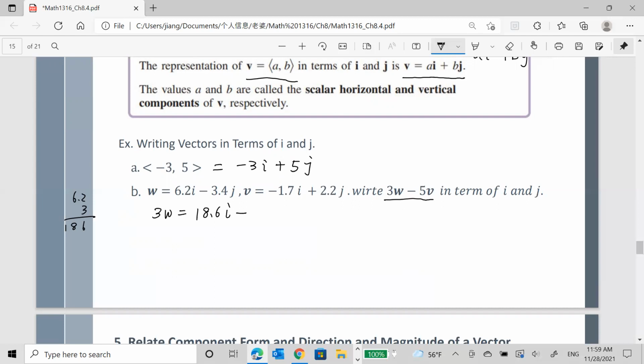That's 10.2j, and minus 5v. So 5v equals 5 times 1.7.